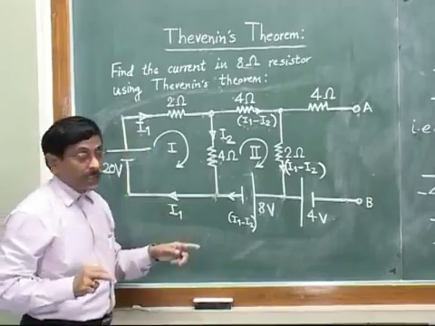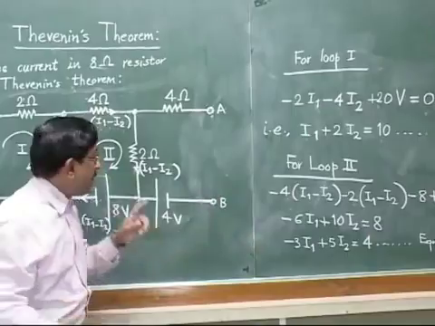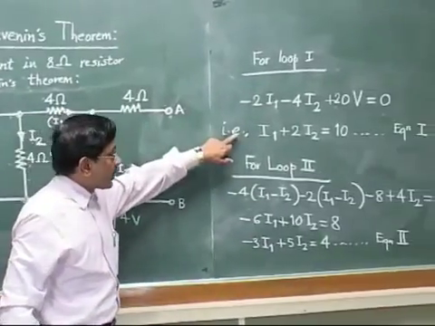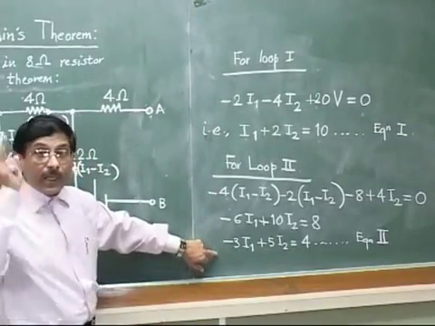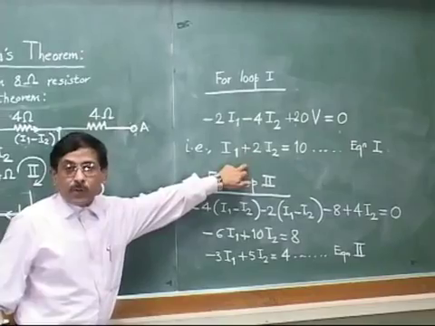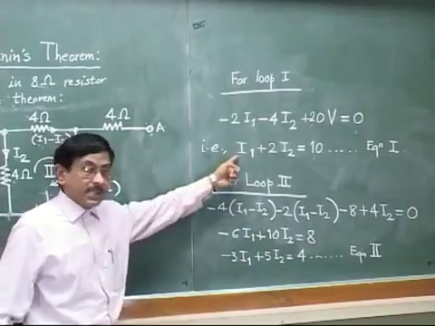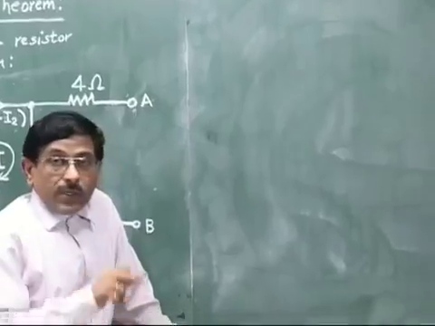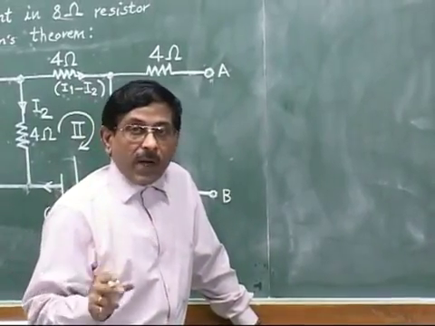Then write the loop equations and finally solve them to find the values of the current variables. So the solution of equation 1 and equation 2 will make the end of our second step. Unless we do that, we should not proceed to step 3, because step 3 will require the values of these current variables.